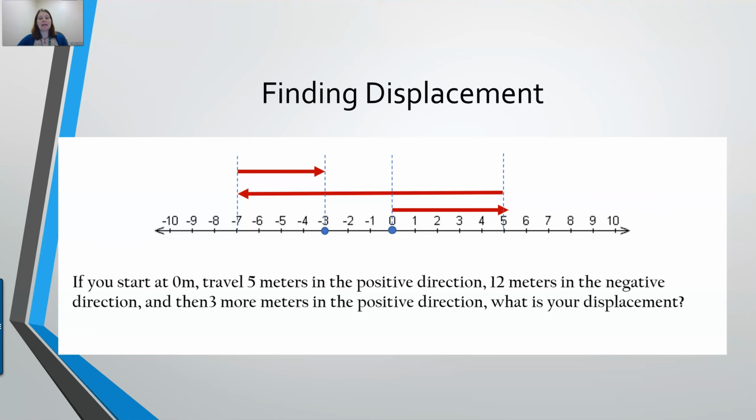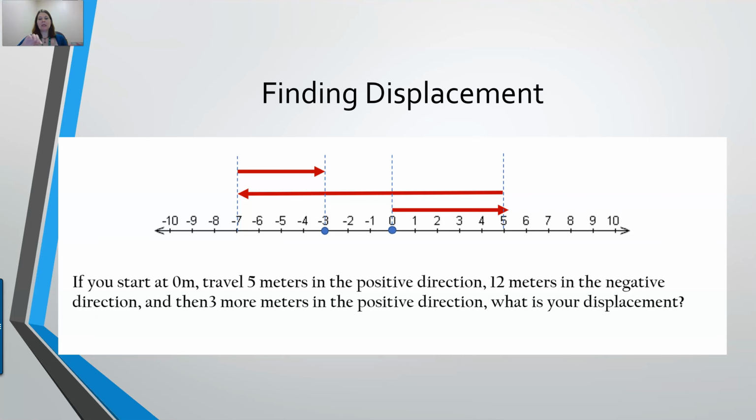So if you start at 0 meters, which is right here, and you travel 5 meters in a positive direction, and then you travel 12 meters in a negative direction, so that would be negative 12. So we've got 5 plus negative 12. Then we turn around and go positive 3 more meters. We've got positive 5 plus negative 12 plus positive 3, right?